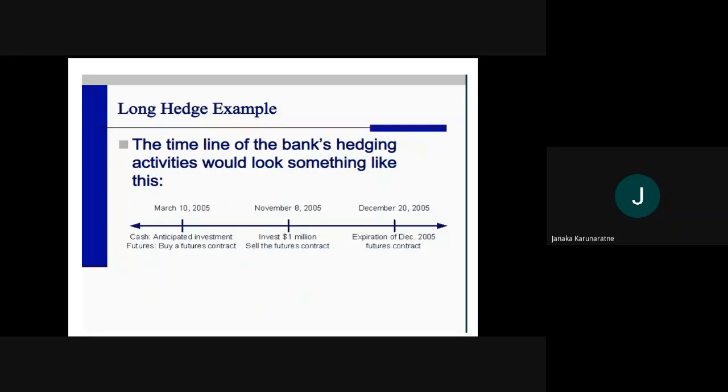So you will make a gain if interest rates fall in the futures market, and you lose in the cash market, so that you can sell the futures contract in November. So you can buy today and sell in November. Okay. Clear?